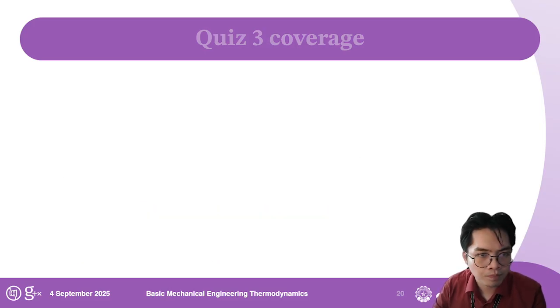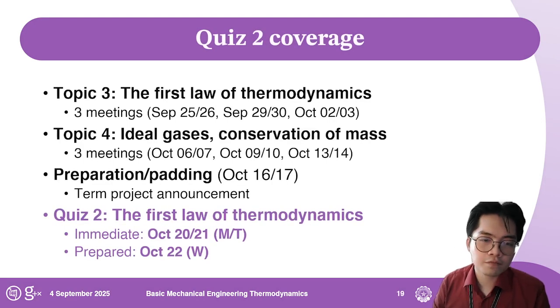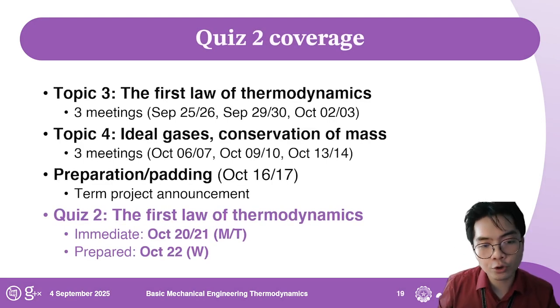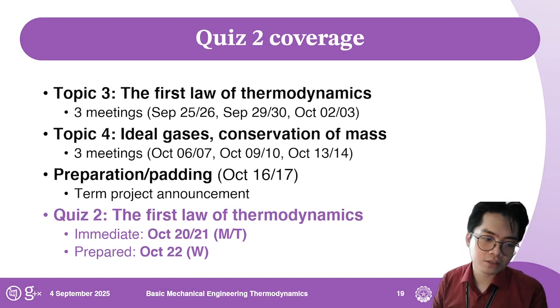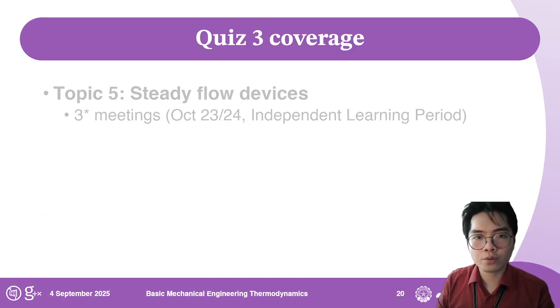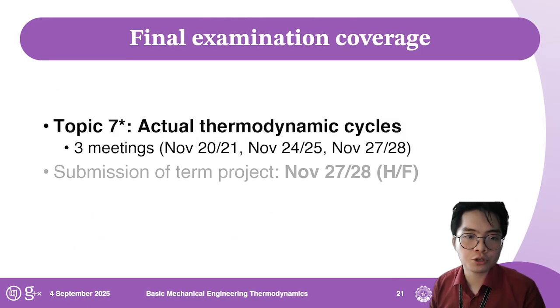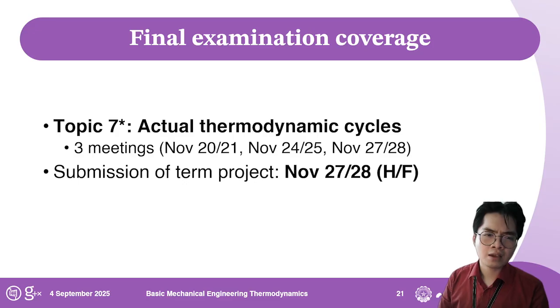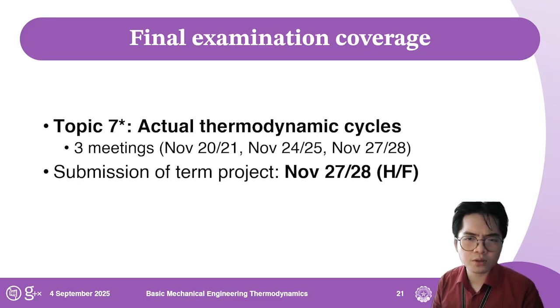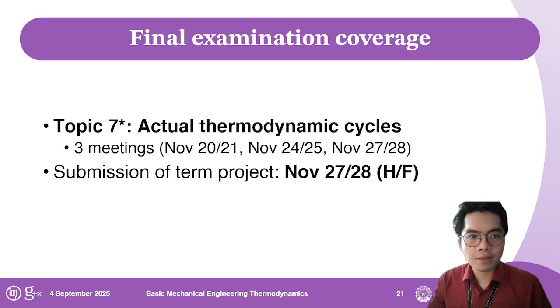Oh, also, for October 16, I will announce what your term project will be, right? So you guys know already what you'll have to do for your project, right? And for your final examination coverage, right? Actually, I don't think topic 7 will count as final examination coverage because I'm not handling all sections of METHER1.